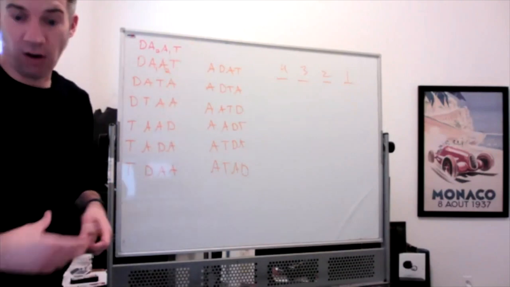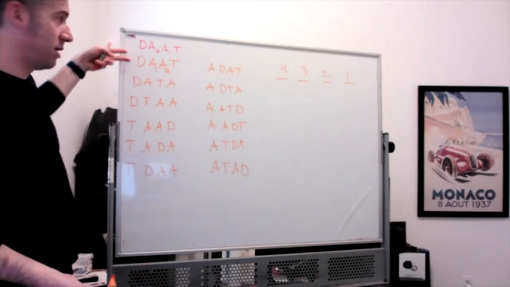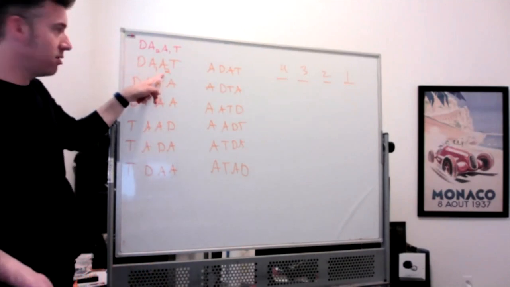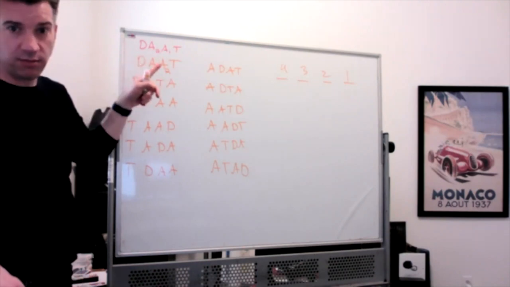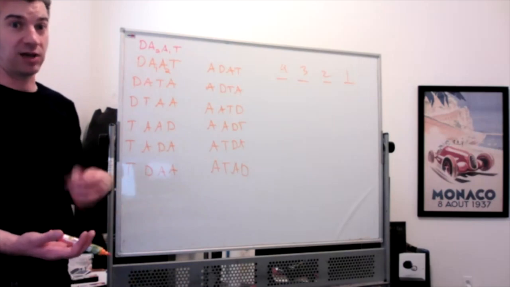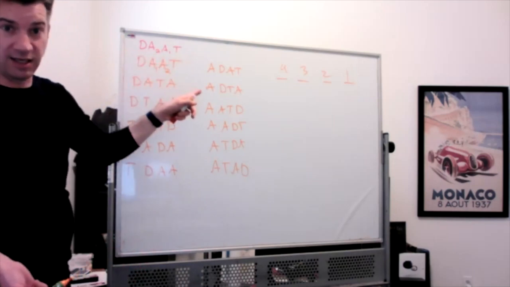I don't want to write them all out, but essentially what I'm saying is each of these words would actually show up twice, where you have A1, A2, and then you have A2, A1. And so I don't want to double count. I only want to count words that actually look different. And DAAT looks the same as DAAT.